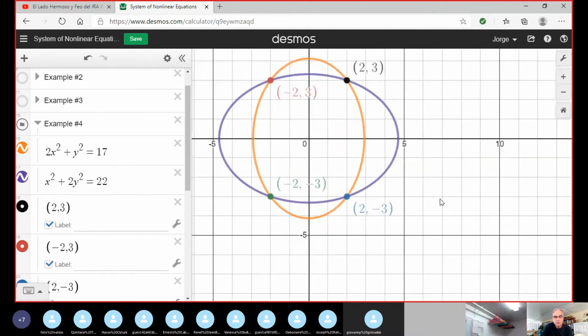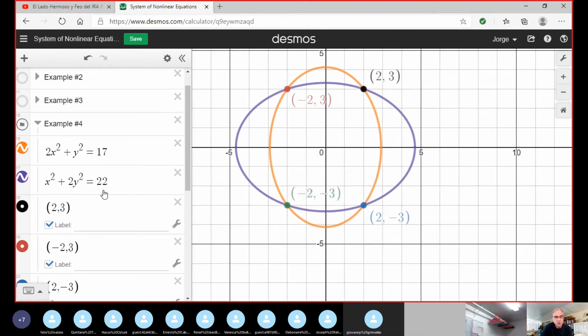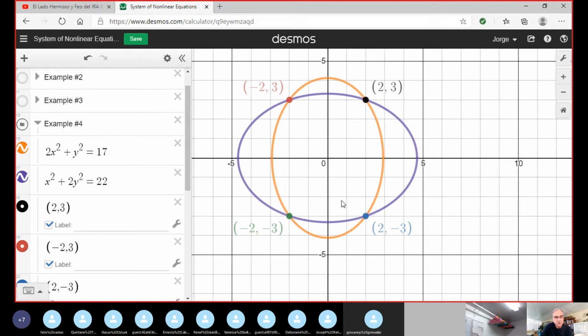It's 2 ellipses. The orange equation is an ellipse whose major axis lies on the y-axis. And the purple one is also an ellipse, but its major axis lies on the x-axis.